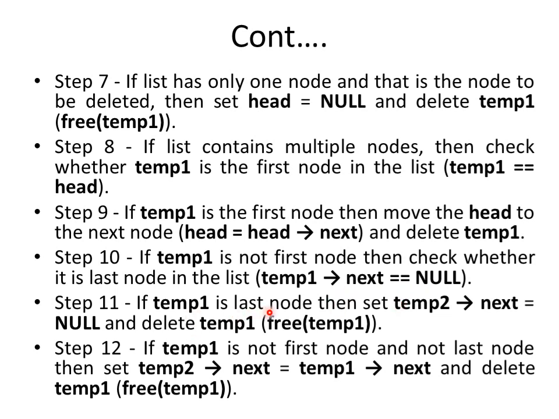If temp1 is the last node, then set temp2 of next equals null, delete temp1 and free temp1. This is once again an inbuilt function. Here I have said free temp1, the same concept is implemented here. If temp1 is not the first node and not the last node, then set temp2 of next equals temp1 of next, delete temp1 and free temp1.